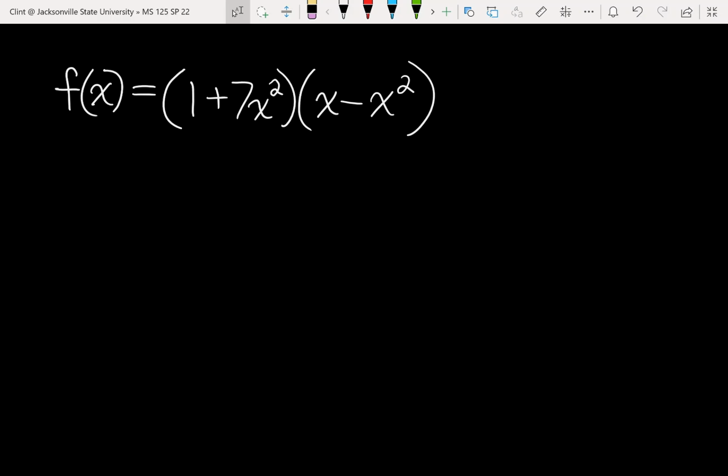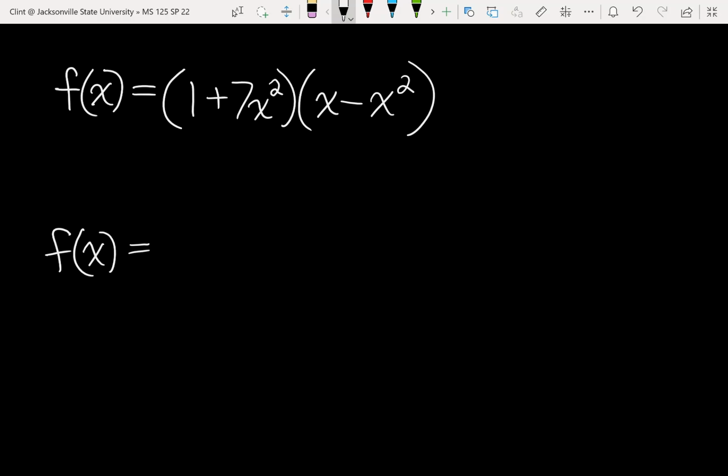What's standing out to you? What do you think? We could do the product rule. That's a good choice. Or we could FOIL and then use the power rule. Yeah. I think product rule is worth it on this one, maybe. If you wanted to FOIL and do the power rule only, that would be okay, unless we had instructions that specifically told us to use product rule or something.